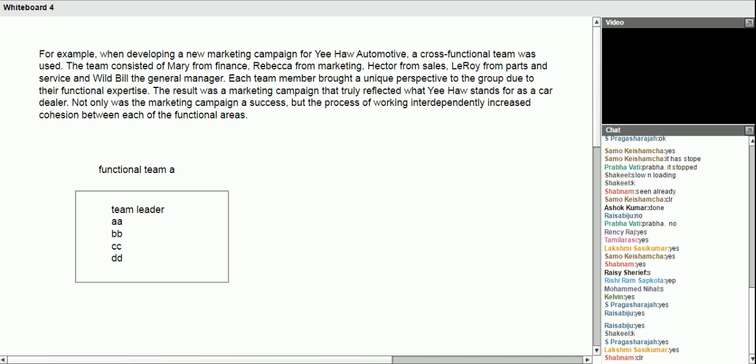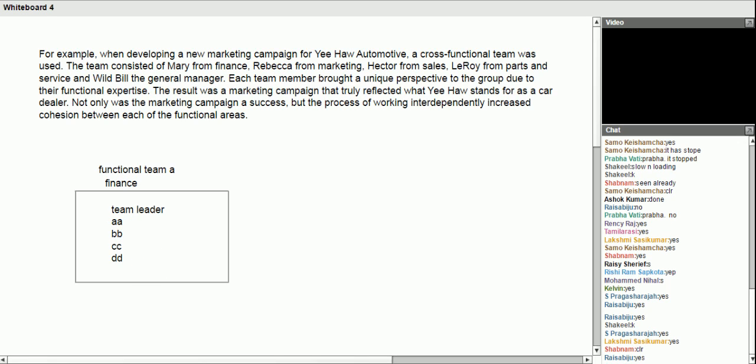So this is a functional team, finance, and all of them are specialized in finance.